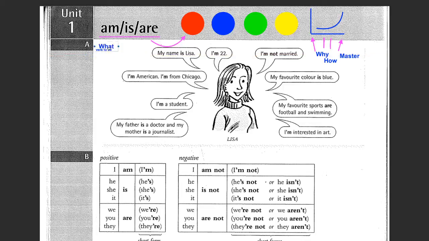So is, am, are is the present tense of verb to be, and you can see in these different sentences, different sentences will use a different one of them, either am or is or are.